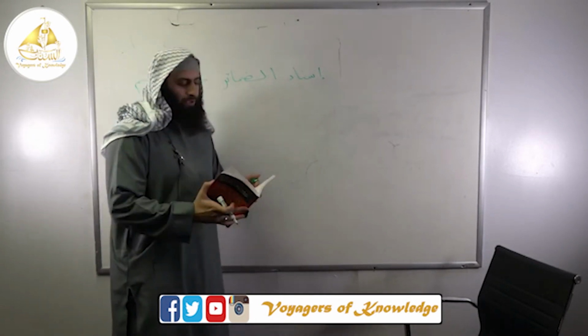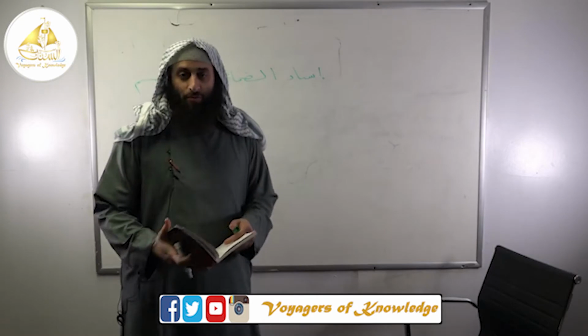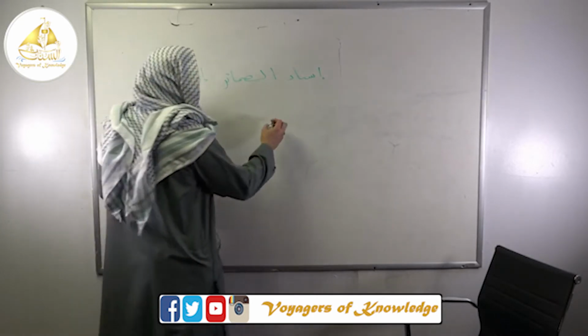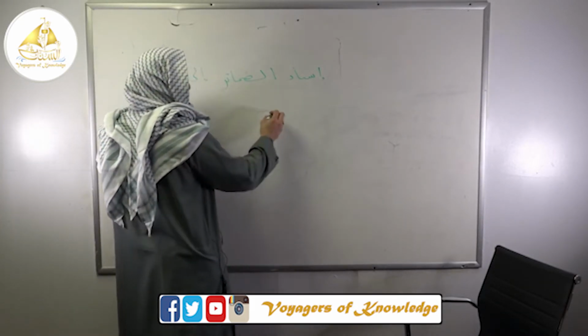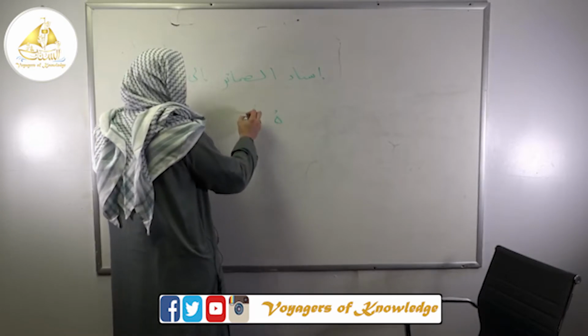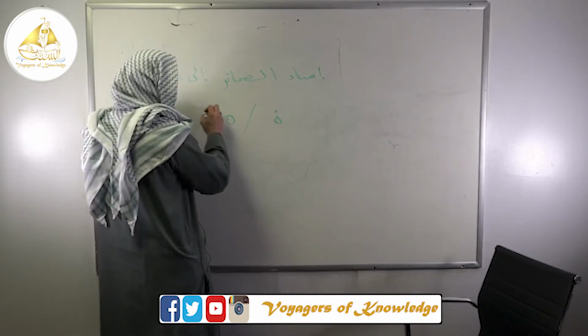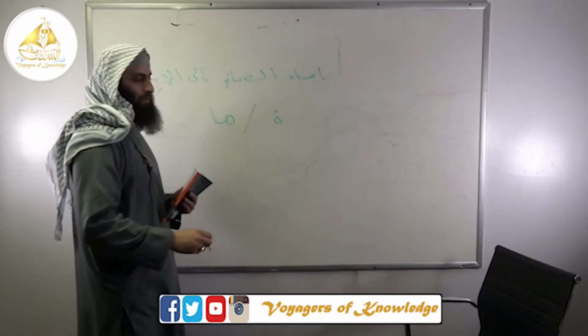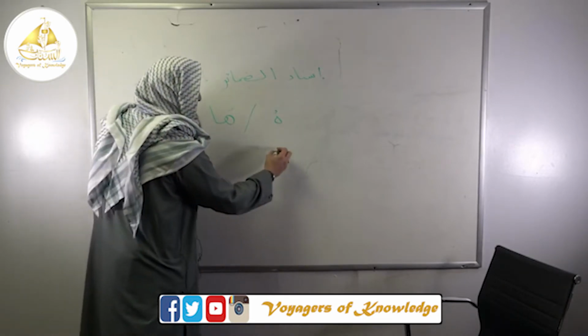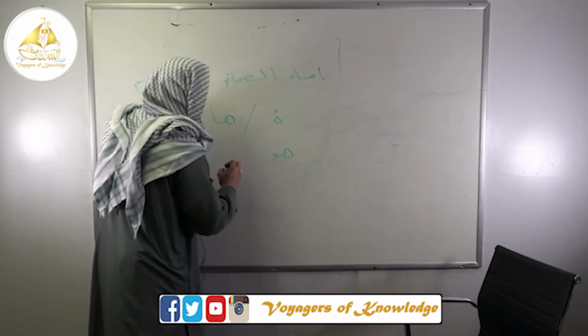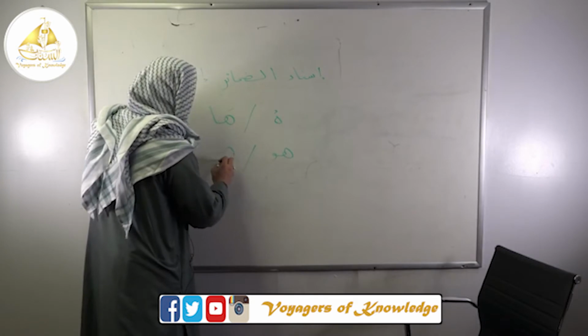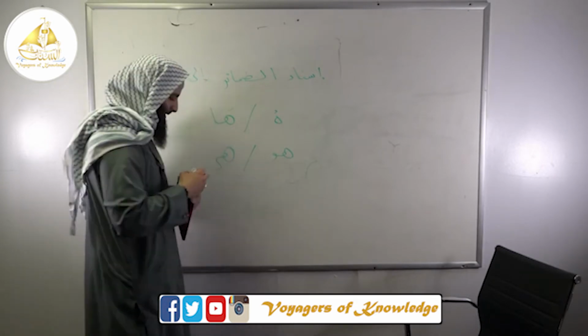The ضمائر that we're taking on exercise number 2 is this ha, right? It's going to be hu. And then we are going to have this long ha over here on the left. This one is for huwa. And this one would be for what? Hiya.